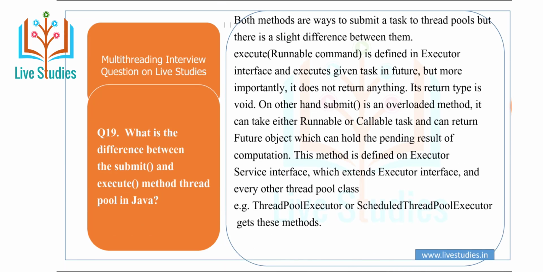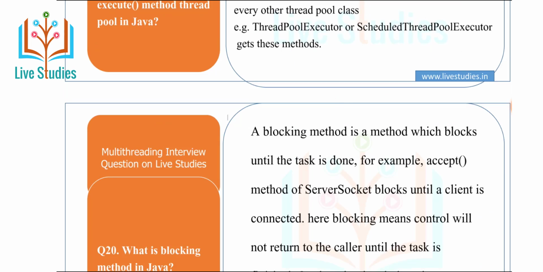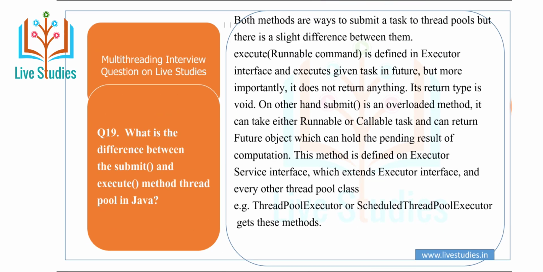Another question is, what is the difference between the submit method and the execute method of a thread pool in Java? Both methods are ways to submit a task to a thread pool, but there is a slight difference between them. Execute(Runnable command) is defined in the Executor interface and executes the given task in the future, but more importantly, it does not return anything. Its return type is void. On the other hand, the submit method is an overloaded method.